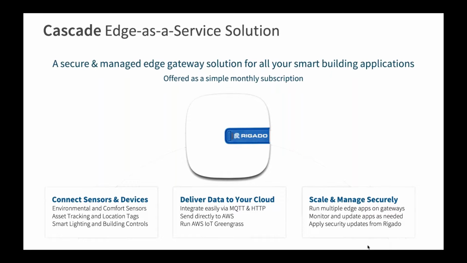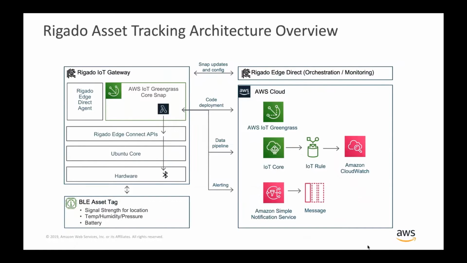In the context of what Prologis was discussing, I wanted to talk through the type of deployment that would be on Rigado hardware, leveraging Greengrass as the intelligence that's really happening at the edge.